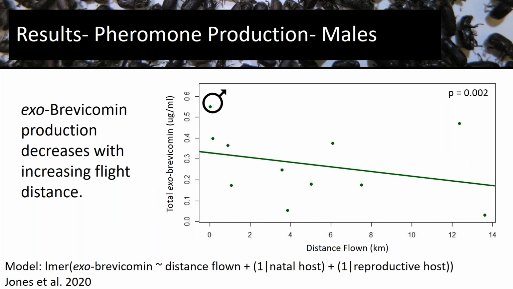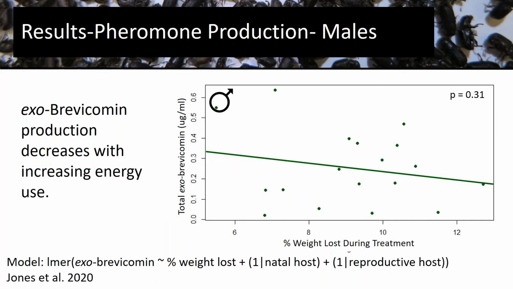In contrast, male aggregation pheromone production decreases with increasing flight distance of male beetles. And exo-brevicomin production decreases with energy use, measured by weight lost during the treatment.